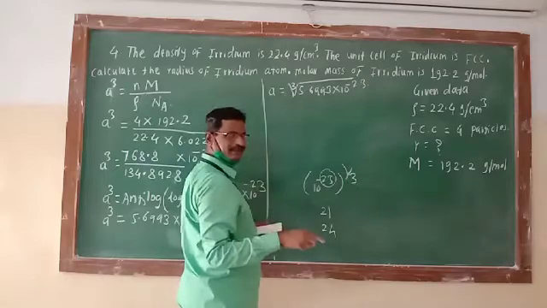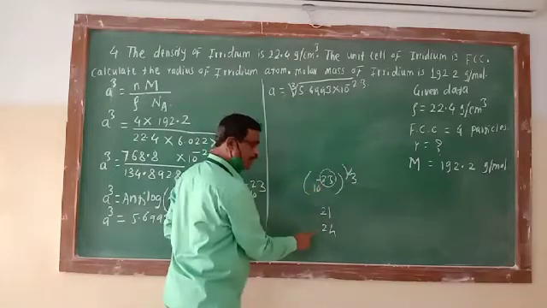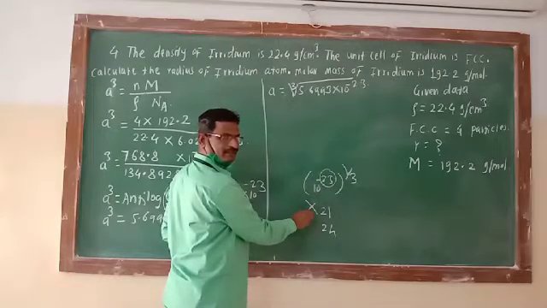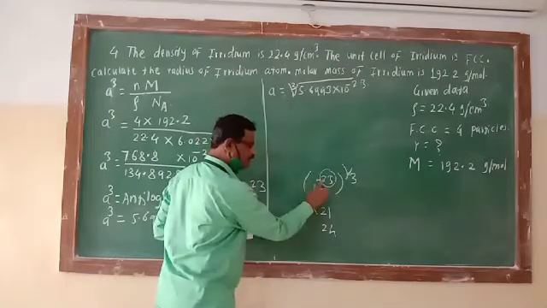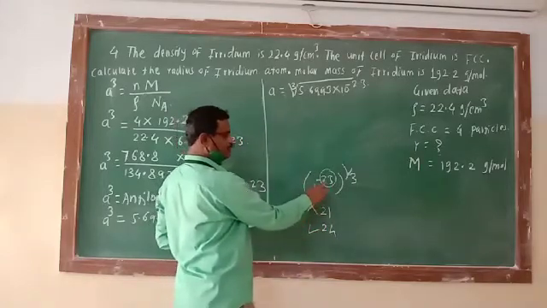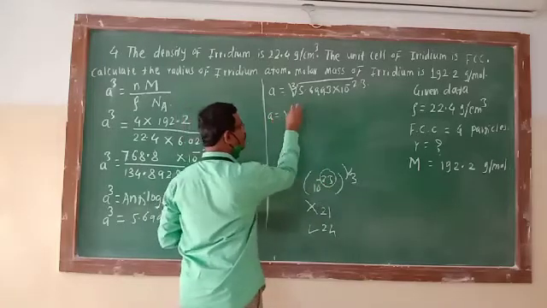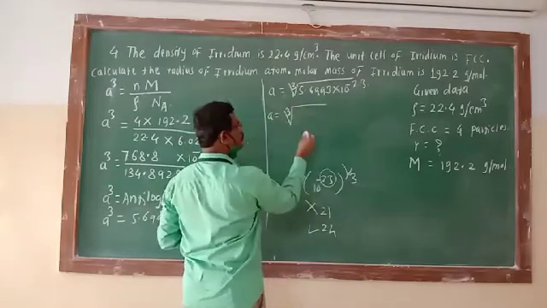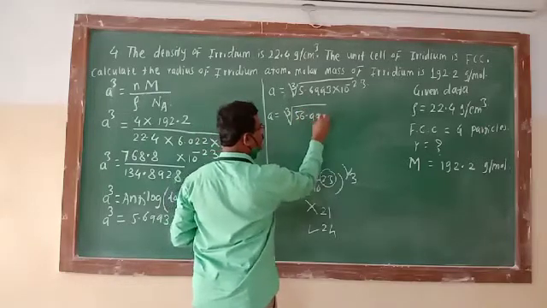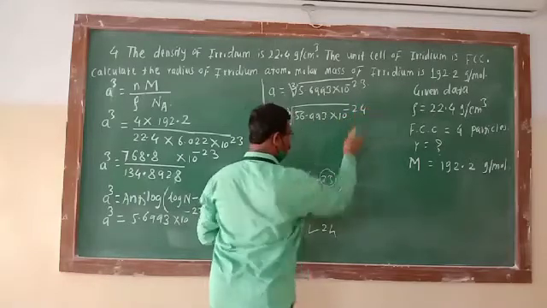For simplicity, always convert this 23 to 24, not 21. So if this will be 24, what will happen? a will be equal to the cube root of 56.993 into 10 raised to minus 24.